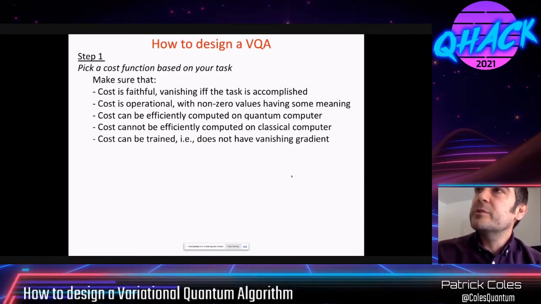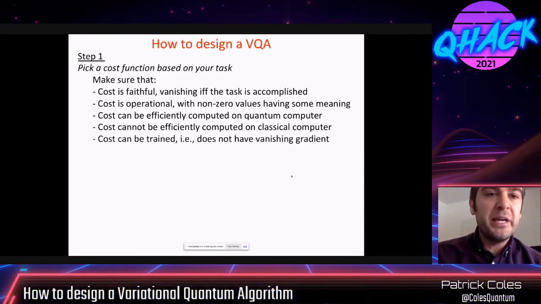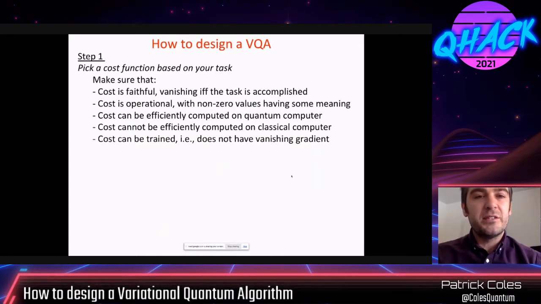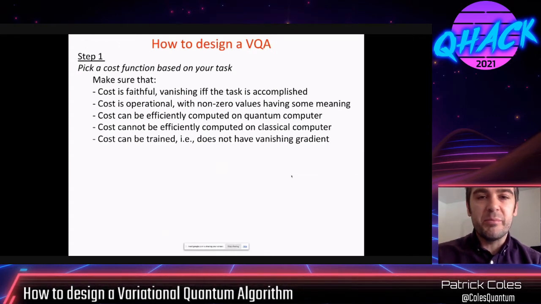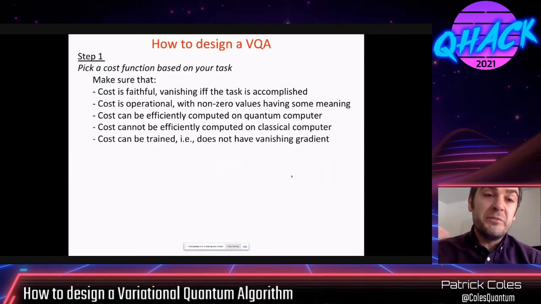So the first step is to pick a cost function based on your task. You have your application of interest, whether it's diagonalizing a state or a Hamiltonian or something, whatever your task is, you have some cost function. And you want to make sure that your cost satisfies a bunch of properties. First, you want it to be faithful, vanishing if and only if the task is accomplished.